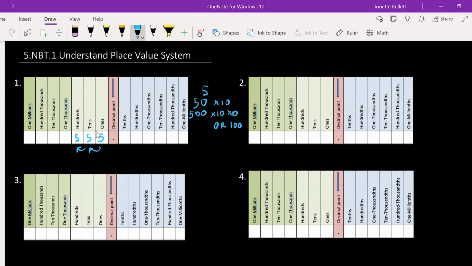Each time I move a digit to the left, I'm multiplying by 10. Each one of these spaces to the left is times 10.